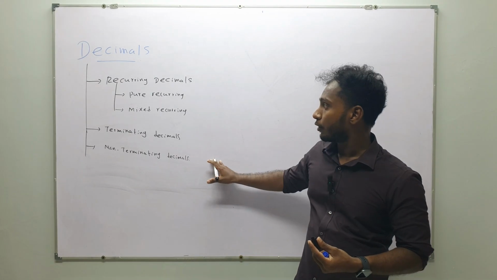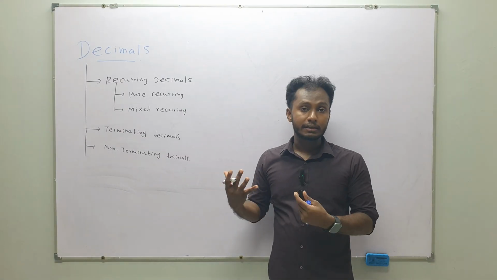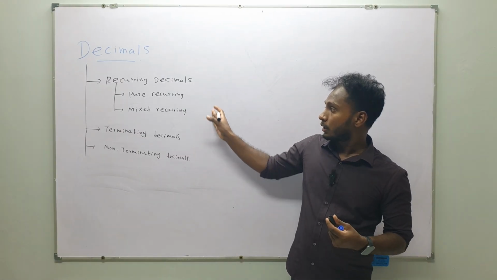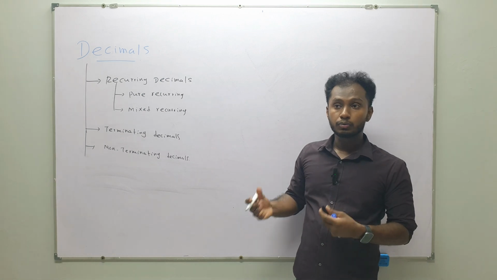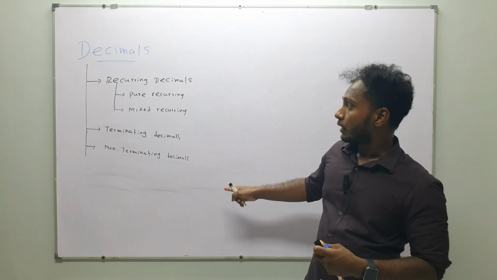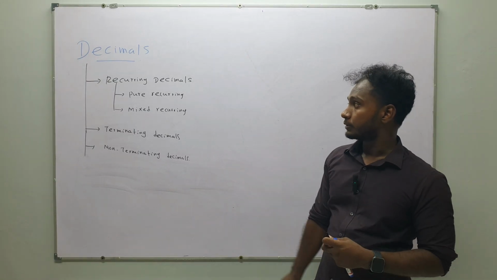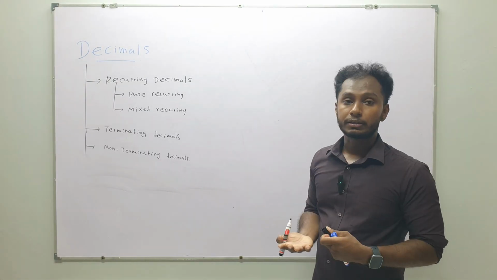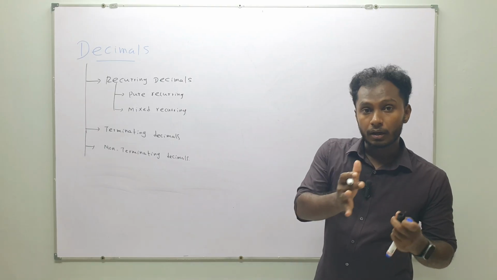But in this case, we are going to talk about these things in depth, with examples, and we are going to learn the dot notation of the recurring decimals. That means how we represent the recurring decimals in a concise way.